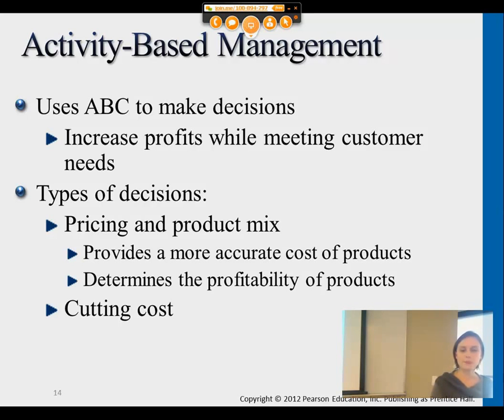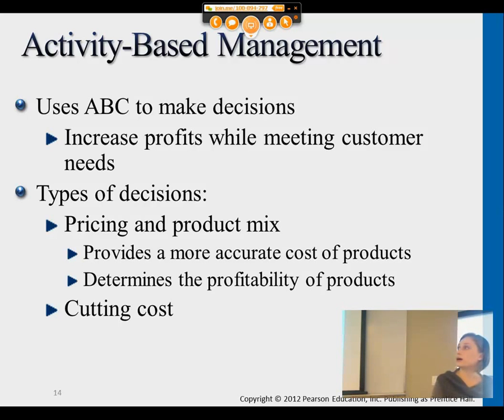Okay? So what is an ABM? ABM uses the ABC, activity-based costs, to make decisions that are going to help us to increase the profits, meet some of our customer needs, and so on and so forth.